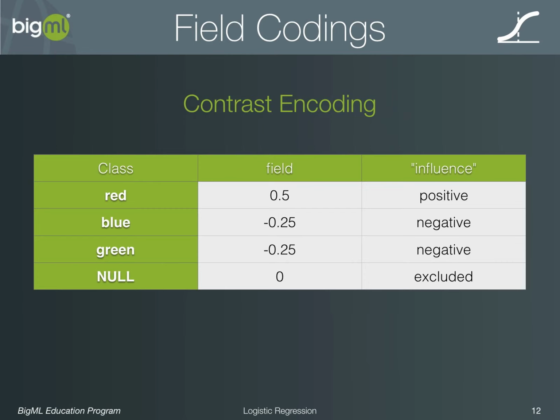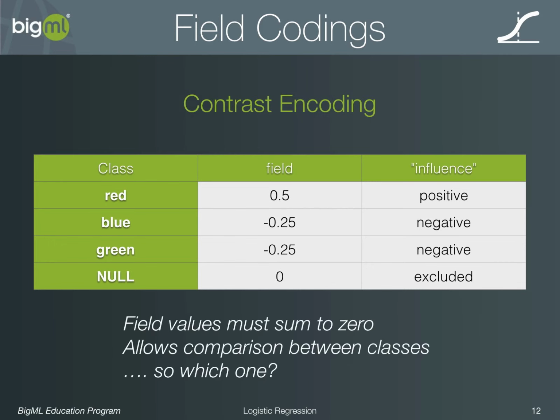So one way to think about this encoding is that it impacts the logistic regression computation by giving the red class a positive influence on the outcome that is twice as important as the blue and green classes, which additionally have a negative influence. Now, when assigning values, keep in mind that the assignments must sum up to 0, as they do in this example.